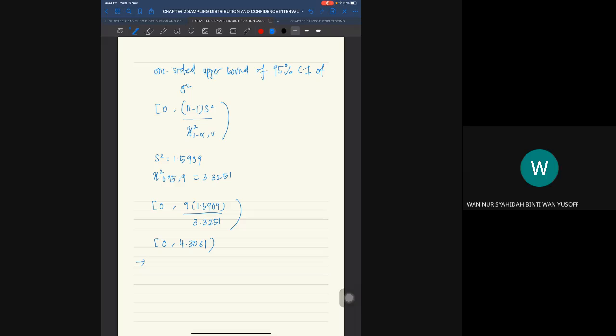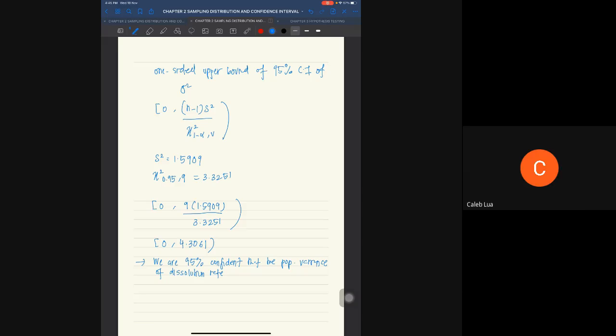So we are 95% confident that, no need to mention the one-sided because at the end we still have two values, that the population variance, should we put a unit here? Do we have a unit? No. Why no?